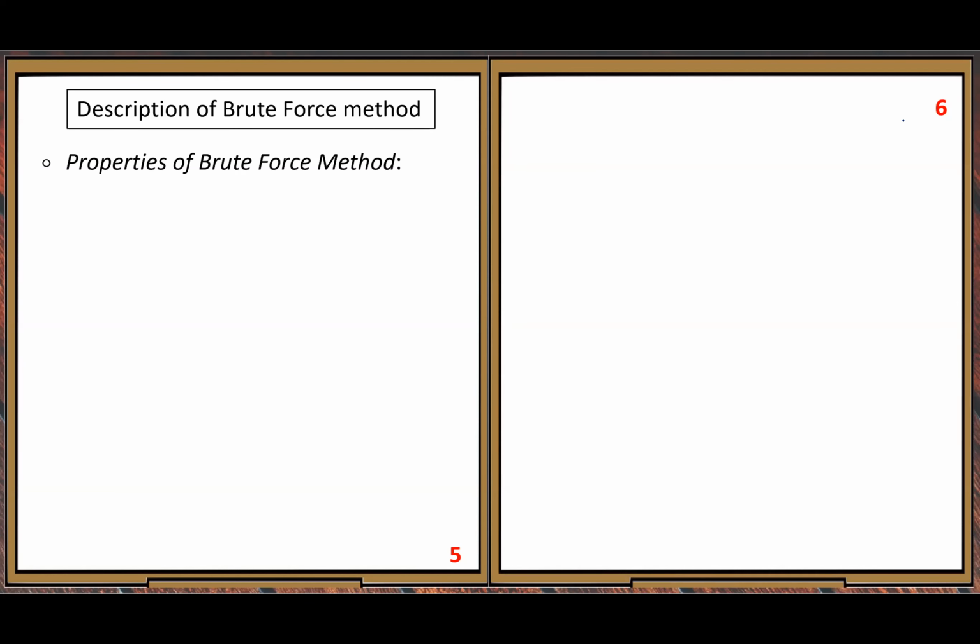Properties of the brute force method. It's a straightforward approach. You just use the simplest way everybody knows. No special techniques, no special advanced concepts. No advanced data structures.